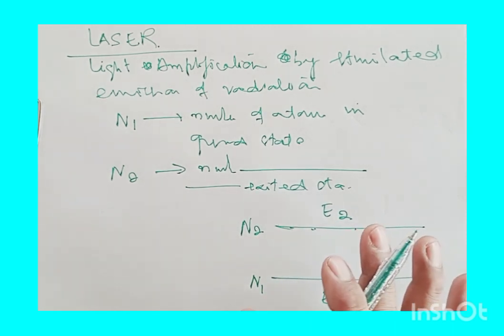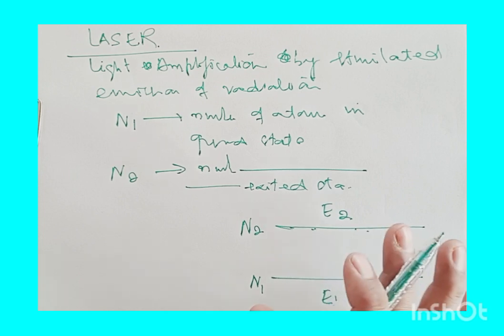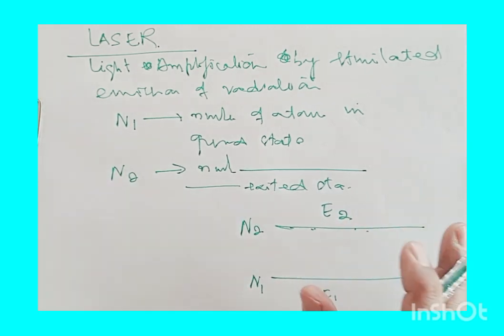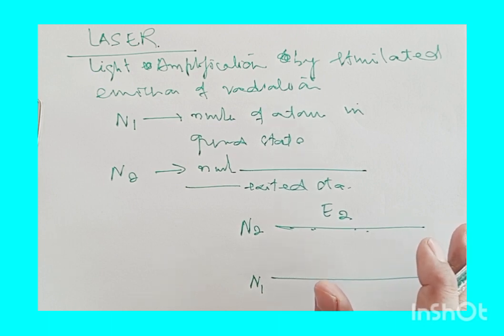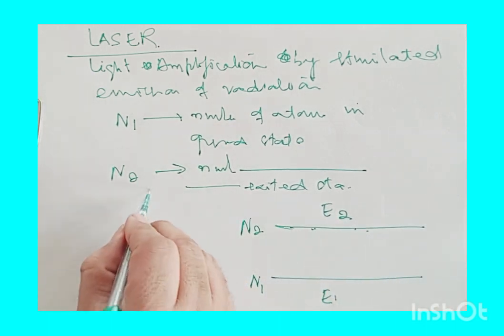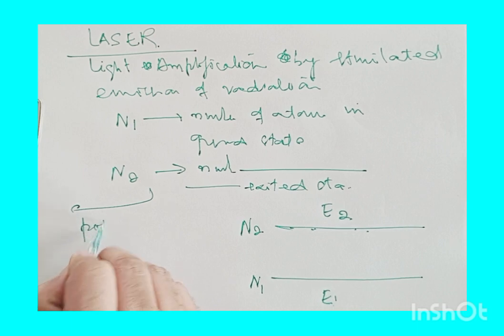Now the number of atoms in any given energy state of the substance is known as population.